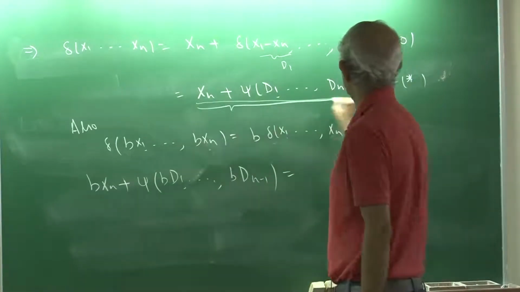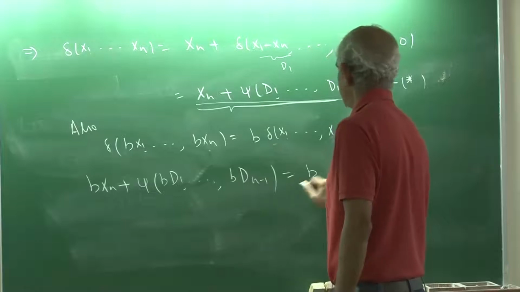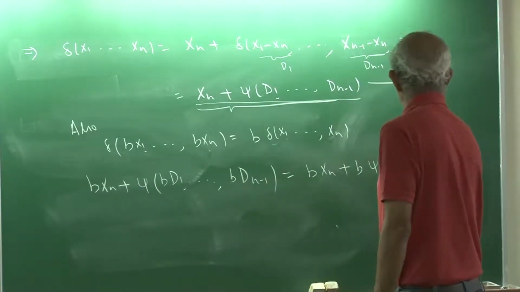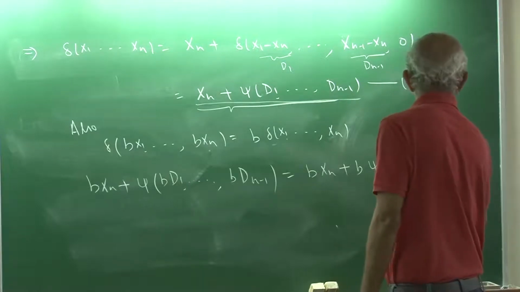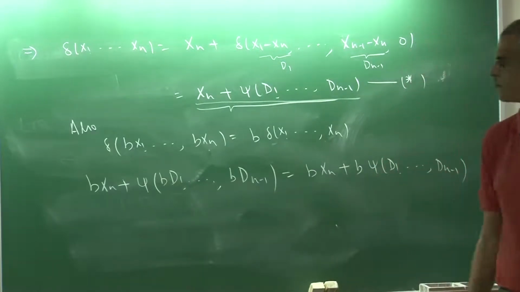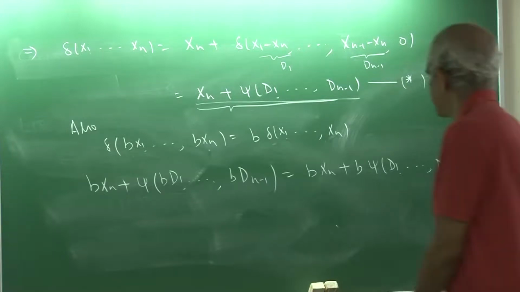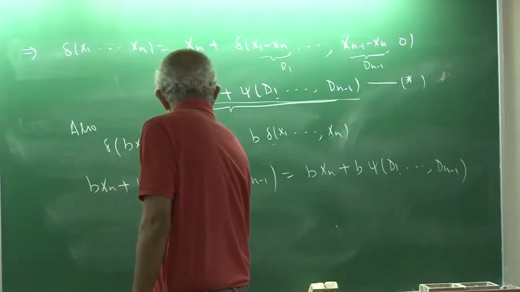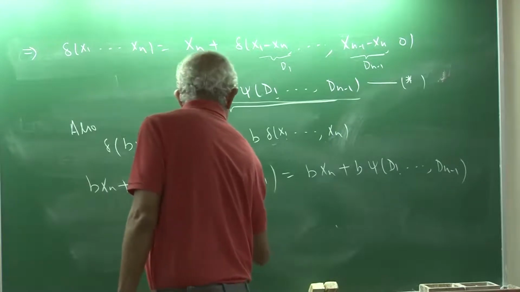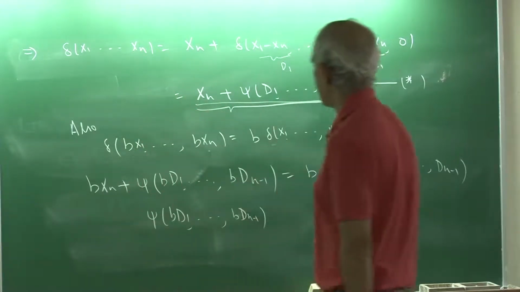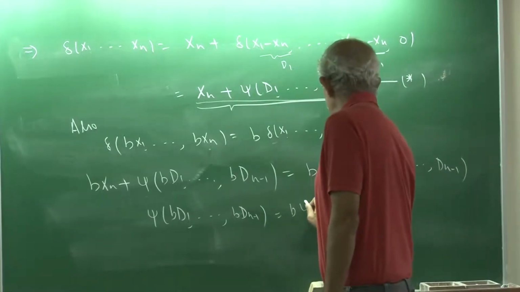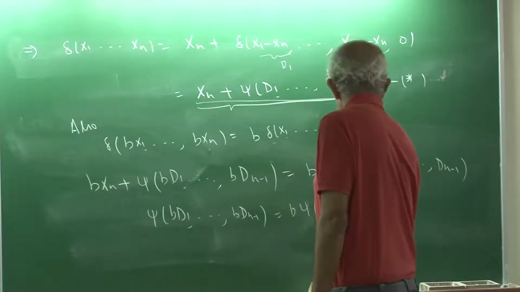So that means b times this quantity, which is same as b times xn plus b times psi of d1, d2, dn minus 1. So b xn gets cancelled on both sides. So that means psi of b d1, b d2, b dn minus 1 is same as b times psi of d1, d2, dn minus 1.